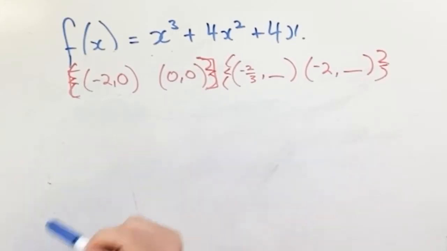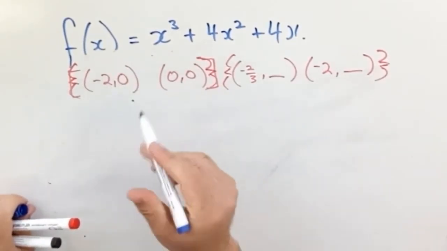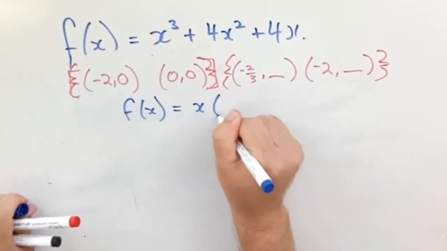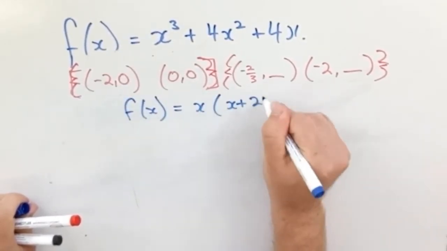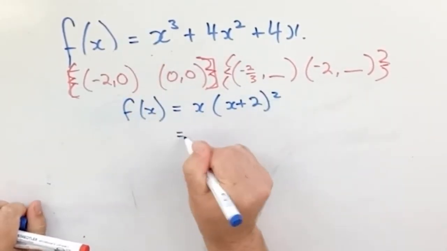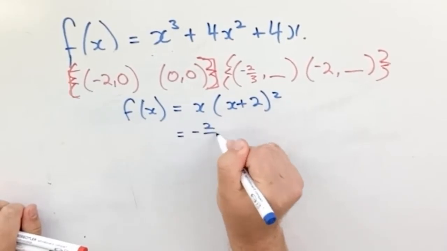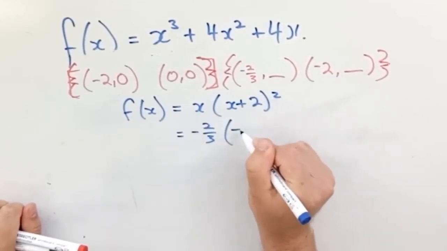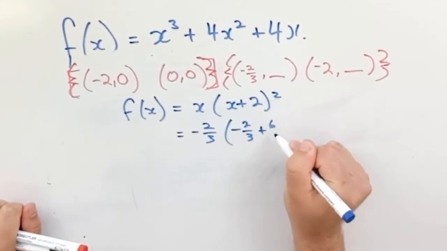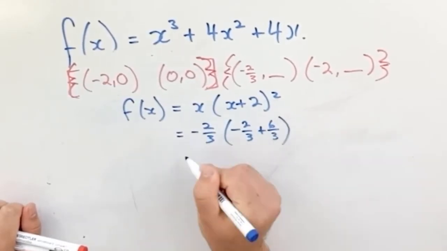Okay, so I've already factorized this top one to be f of x equals x plus 2 all squared. So that might be easier to put my numbers into. So let's go with that. Negative 2/3, negative 2/3 plus 2. So that's 6 on 3.